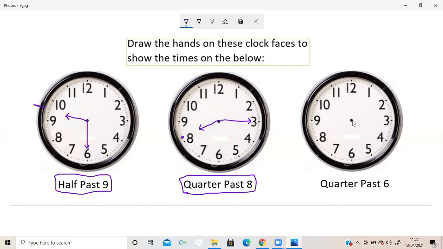The same way, please try to do it yourself first, and then you can check your answer with me. This one is 6:15. Obviously, the minute hand is pointing at 3, like this, and the hour hand after 6. So it is here.